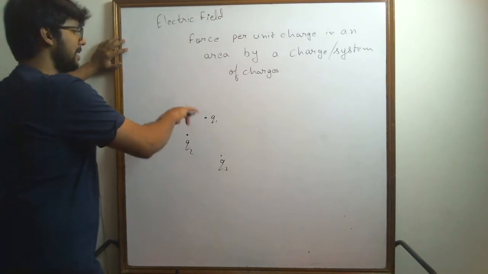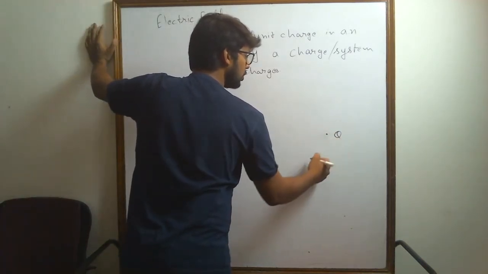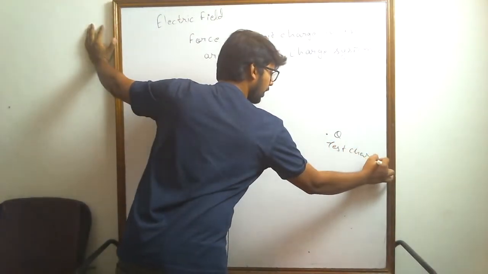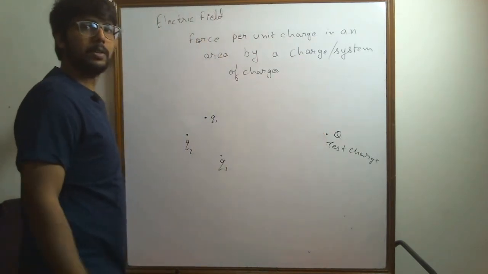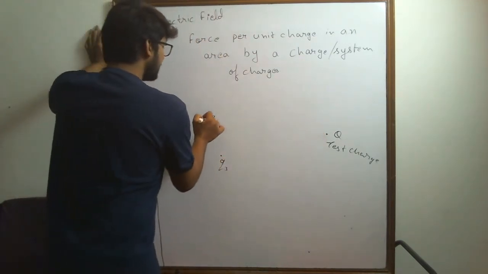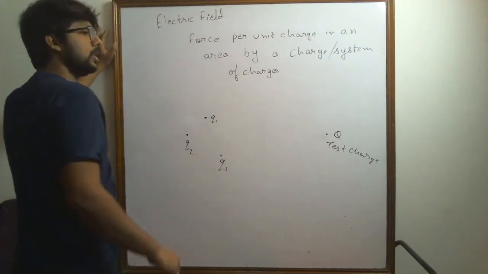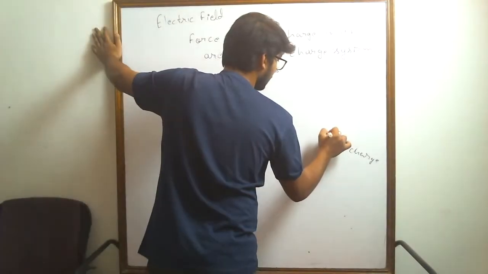This is a system of charges, and this is where my test charge capital Q is. Again, to first figure out what the force is over here, what do I have to do? I simply have to add up all the forces by each of the individual charges at this point. What are the individual forces at this point?